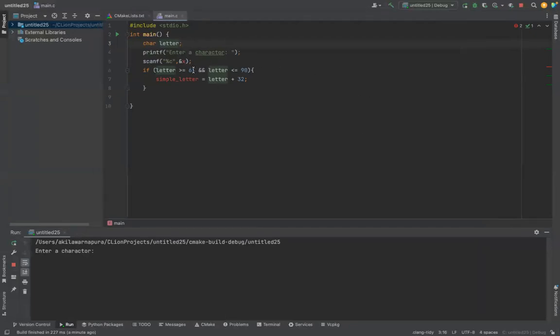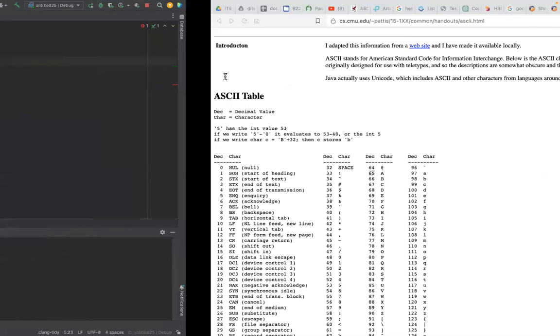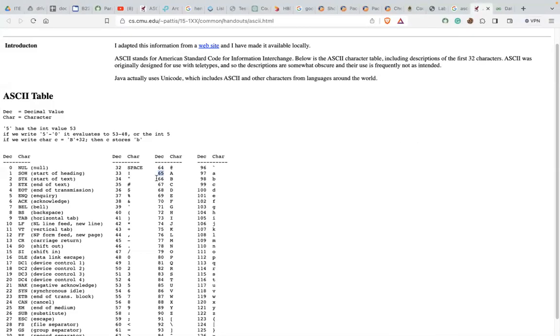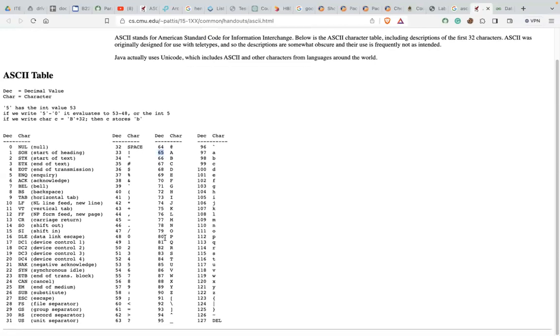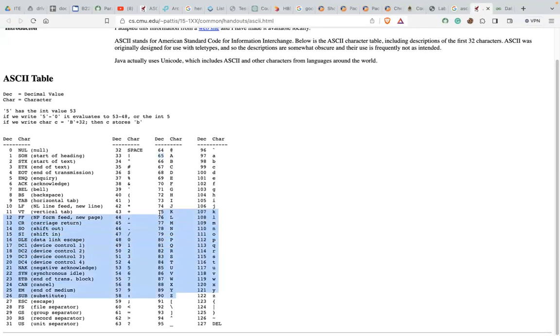Letter greater than or equal to 65, and then letter less than or equal to 90. So here you are taking the letter, no? 65 and 90. That means you are checking the range of capital A to capital Z.